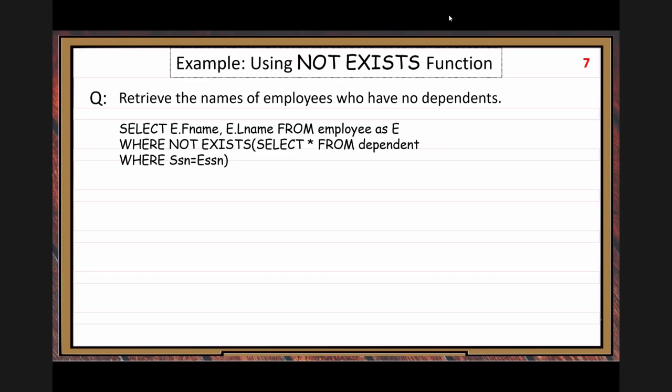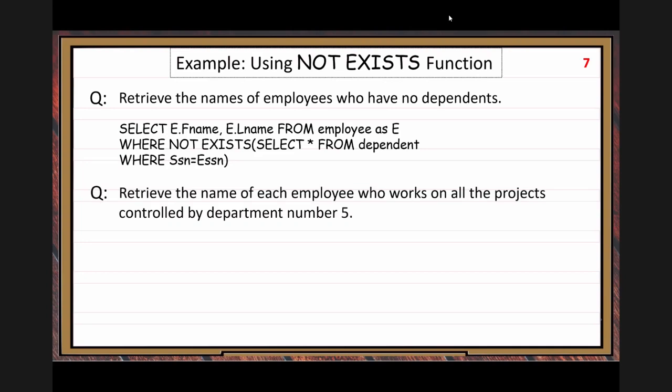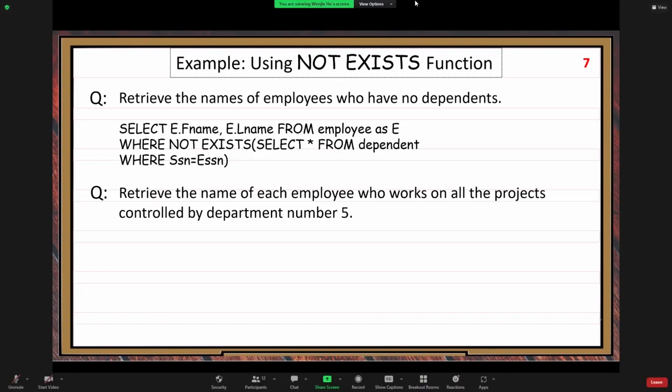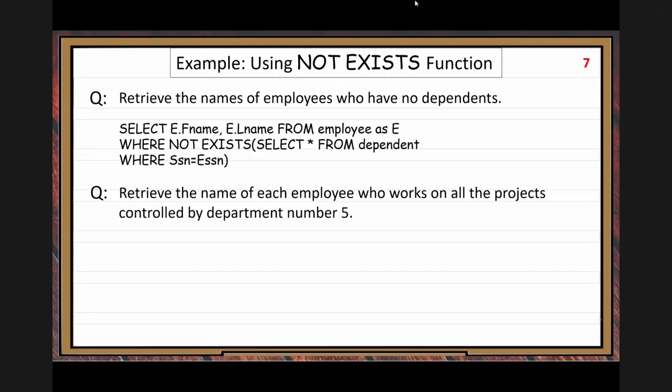So here, another way. Now this one is the one I said is the hardest example of this class. Hardest to understand. The reason is we need to use negations.